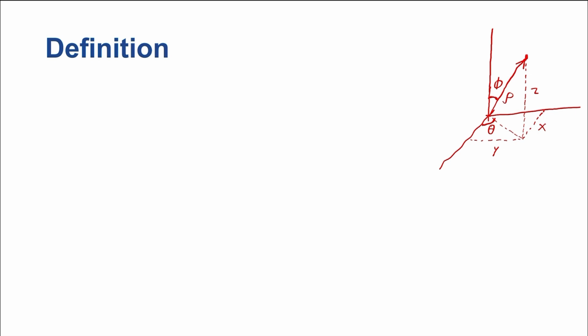So what we have done is gone from describing a point x, y, z to rho, theta, phi. So rho, theta, and phi are either radial or angular. There's no Cartesian linear coordinate.